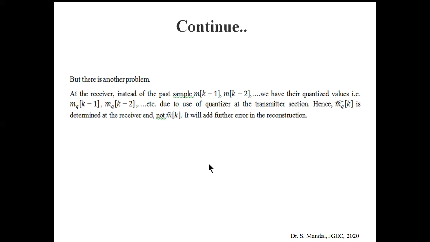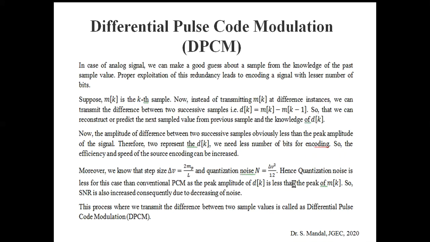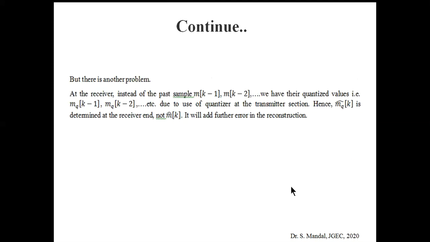So this process is much better than the previous DPCM system, where we sent the difference between two successive sample instants, but here we send the difference between the original value and its predicted value. Obviously the difference is much lower than in the earlier case, but there is another problem here.